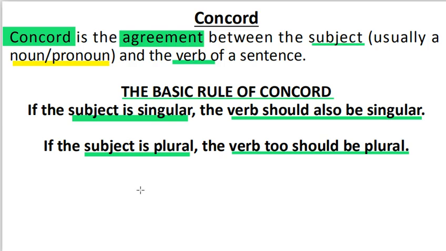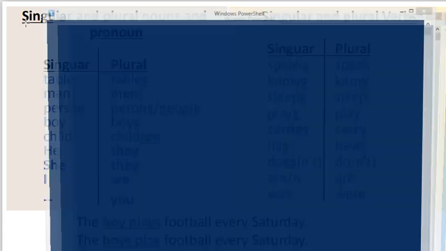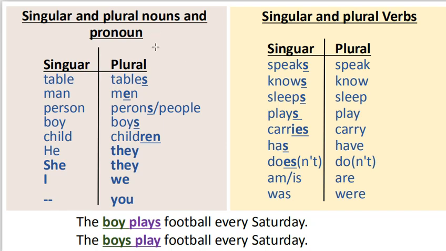For clearer understanding, we are going to put them in tabular form. On the left side, we have singular and plural nouns and pronouns. First, singular and plural nouns. Table is singular, and the plural is tables, with the addition of s.